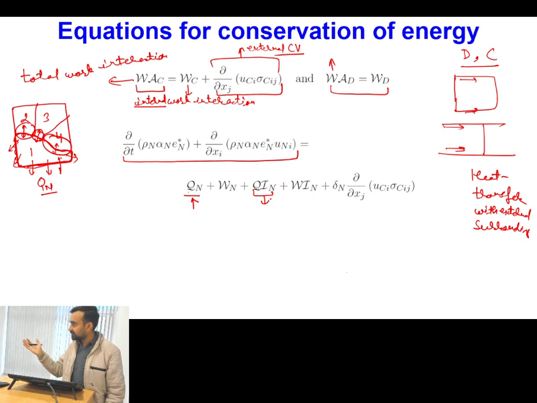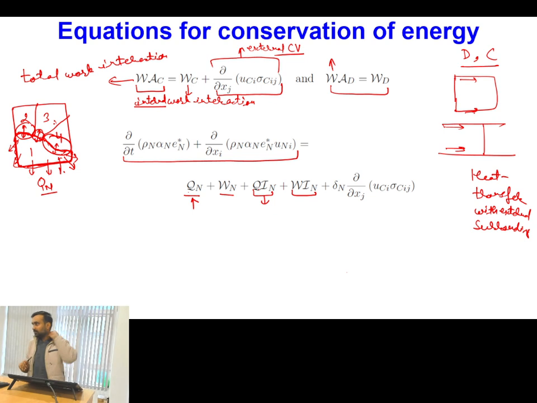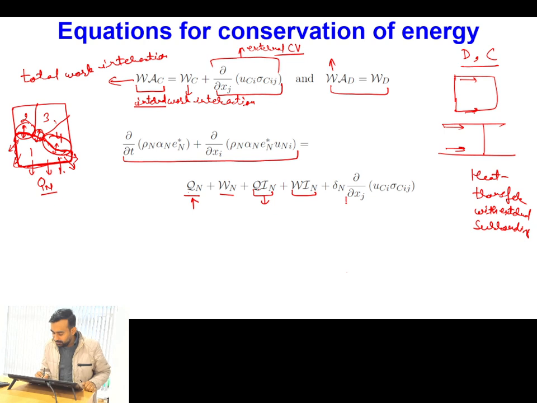Likewise, for work interaction this will also be valid. Wn will be the work interaction with the external surroundings, and Win will be the work interaction between these particles. Are all understanding this point? And then we will have the additional work interaction with the boundaries of the control volume, and this additional work interaction will only come for which phase?